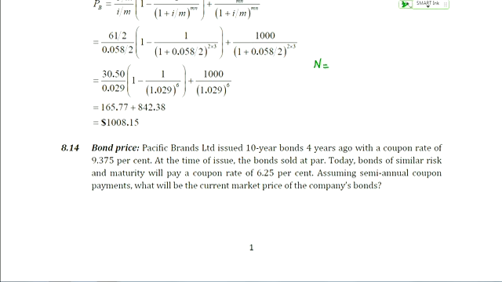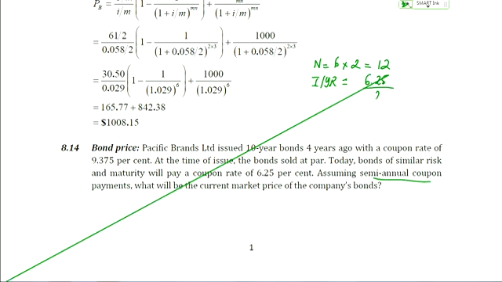So N is equal to, what would be our N? 12, that's right, 6 years, and we pay semi-annually. So N is equal to 6 times 2, and it's 12. And how about our discount rate? 6.25 divided by 2, right?